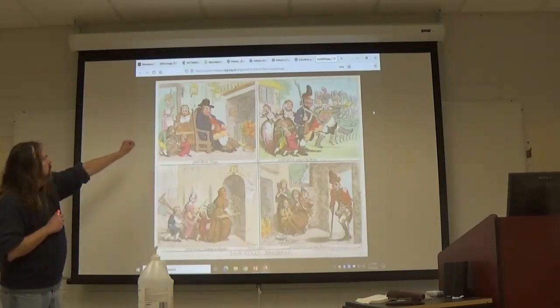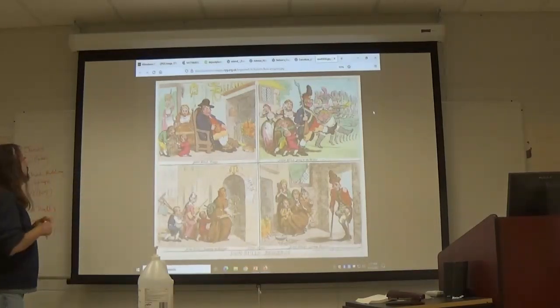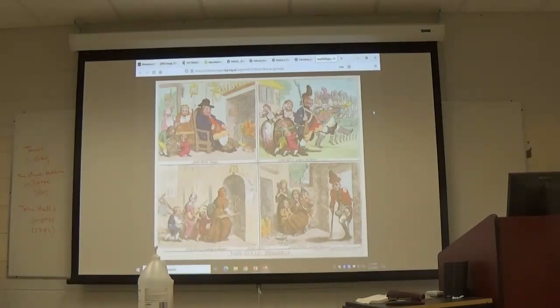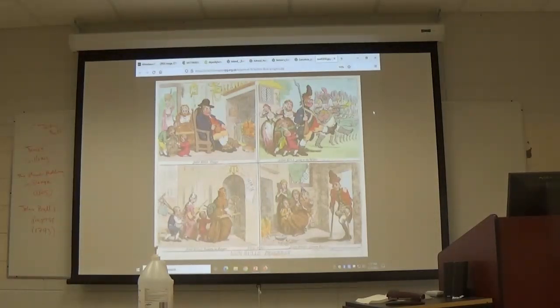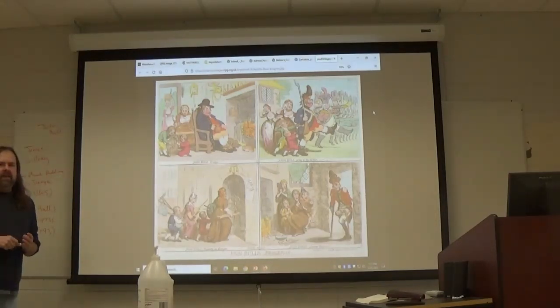So John Bull, in the 18th century, is just kind of this figure of the archetypal English countryman, right? Has no strong opinions about anything, likes his little pot of ale, likes his home comforts.